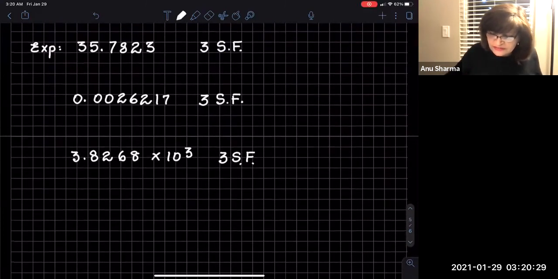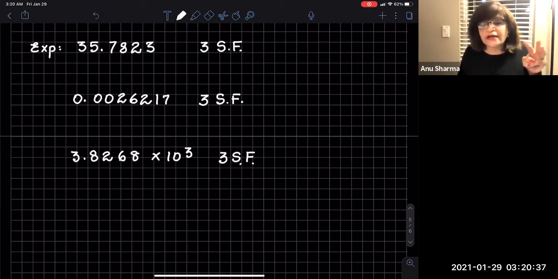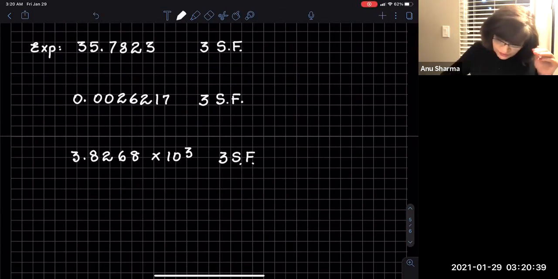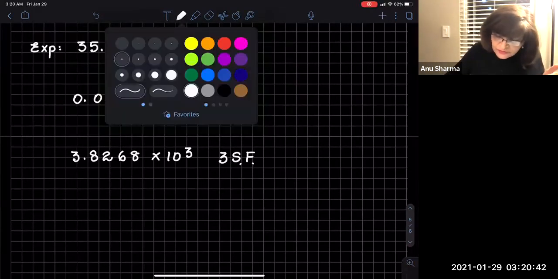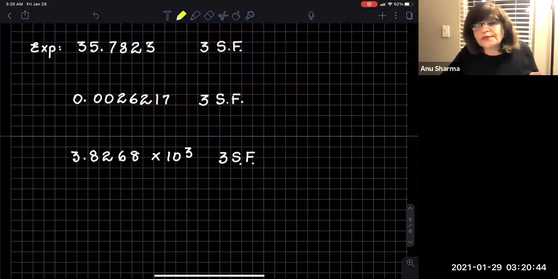Here we see these examples, and we want to retain 3 significant figures. The answer needs 3 significant figures. That depends also on why we need 3 significant figures, why we need 2, why we need 1, why we need certain places after the decimal.